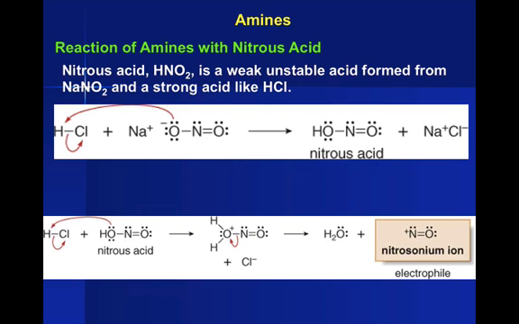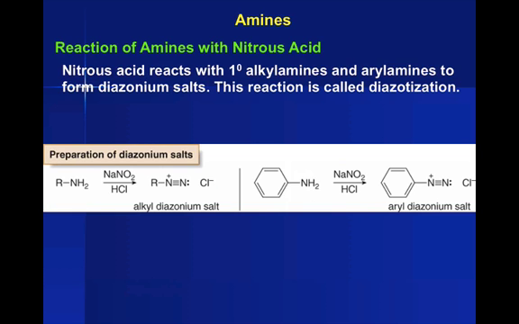As you can imagine, it will react with just about anything that it comes into contact with, particularly amines. For example, if I take a primary amine and treat it with nitrous acid, which is just depicted as sodium nitrite and HCl, what falls out of solution is called a diazonium salt.